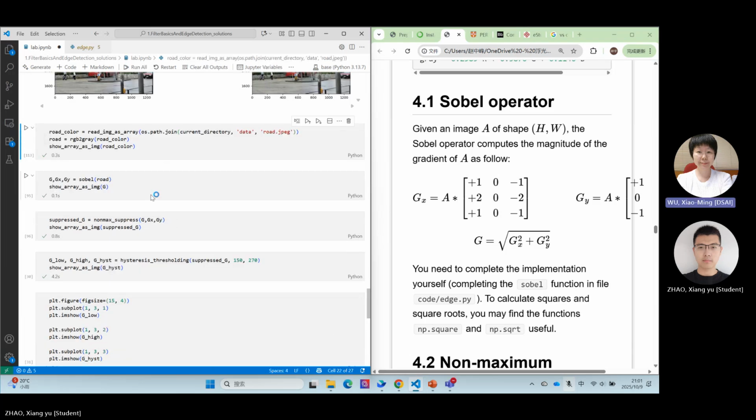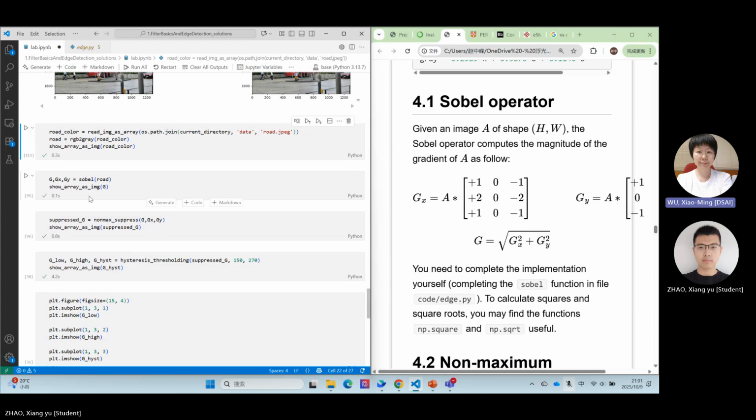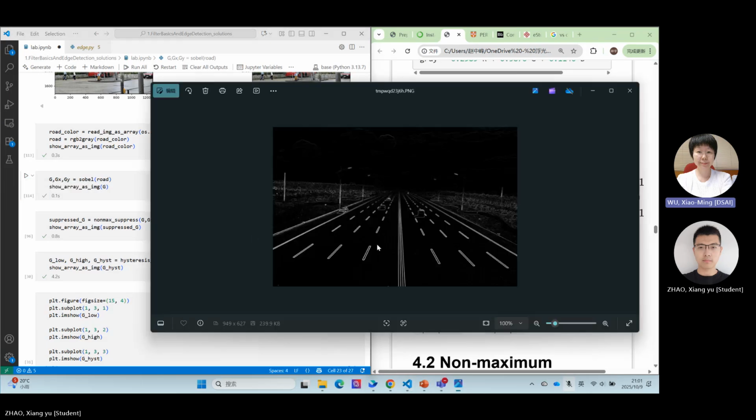We take these images as an example. This is a road image. First, you need to translate the road image, the color image, to grayscale, and then you need to operate the Sobel operation, and finally you can get this result.